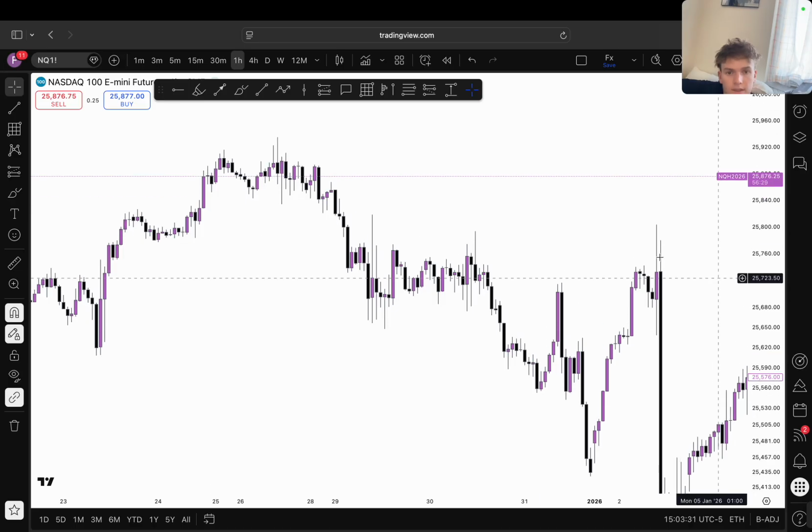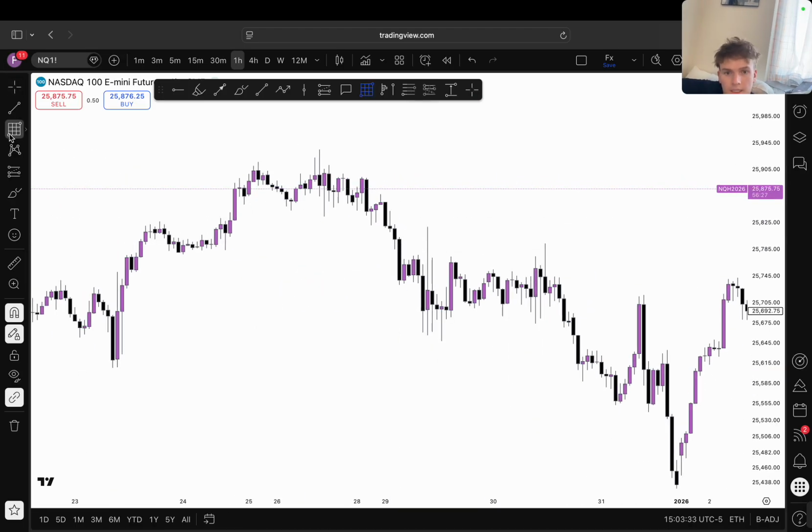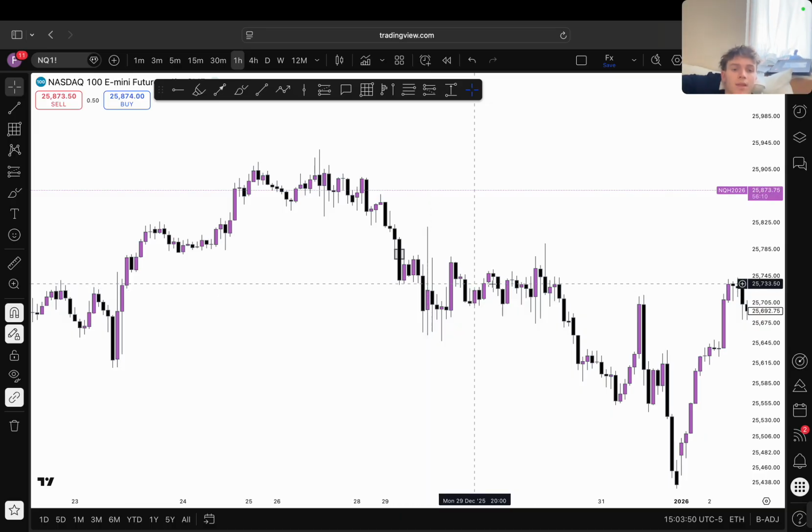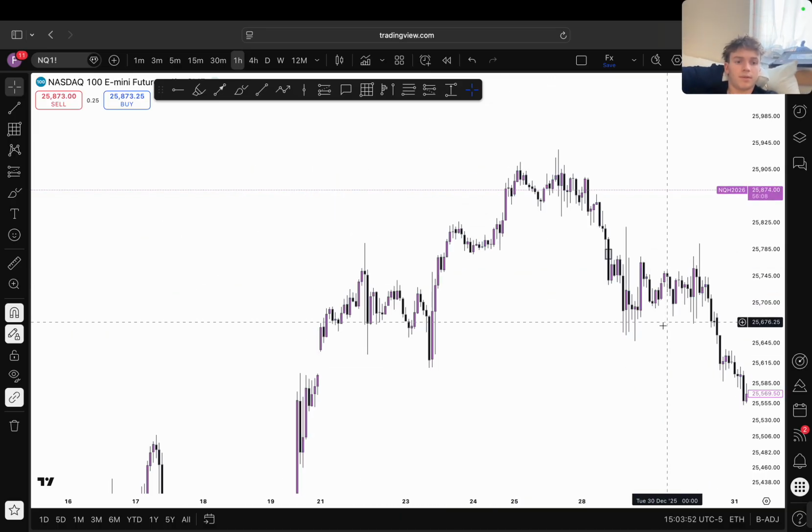Okay, I guess I can say here. Technically, this is a fair value gap between these two candles. And obviously, this candle came through and went right through it. But since it didn't close below and closed all the way here, it's still a valid fair value gap. It's pretty simple.